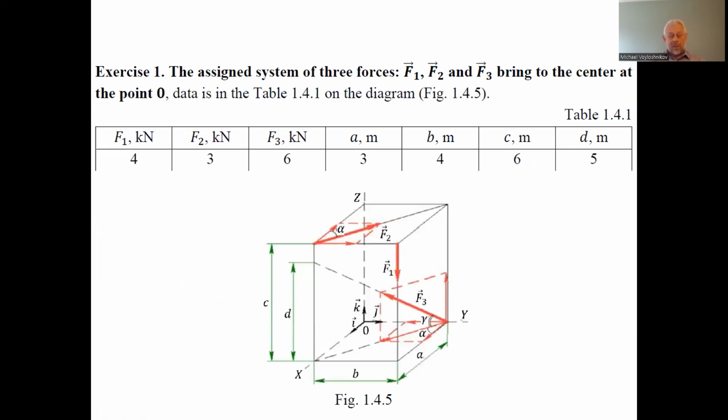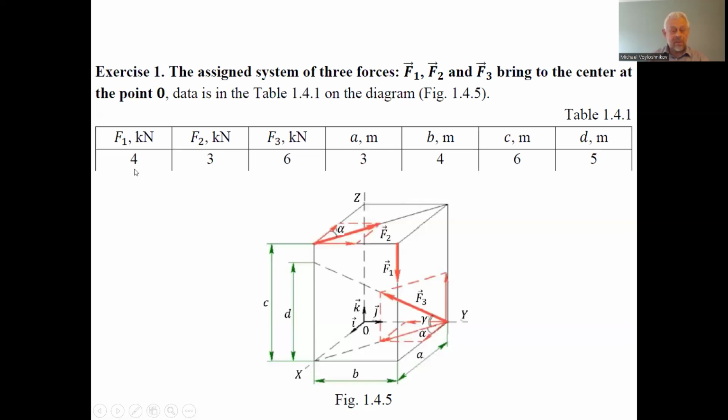And for this lesson we have different exercises. First of all, we have to specify the data for the exercise. We have 3 exercises. For the first exercise, we specify data. We have the Cartesian system of coordinates x, y, z, and we have forces in the system of coordinates.